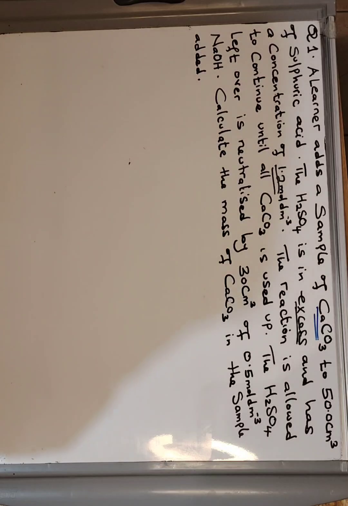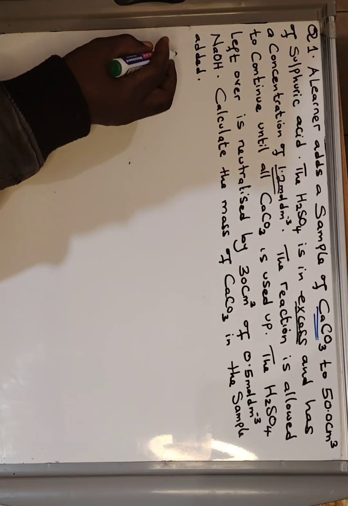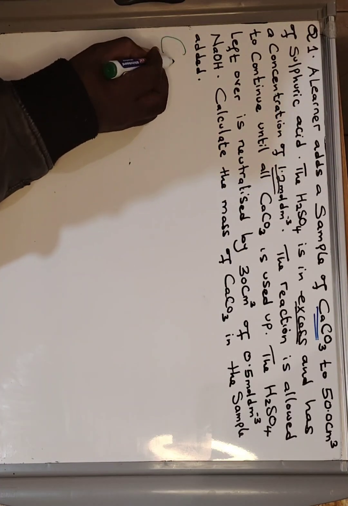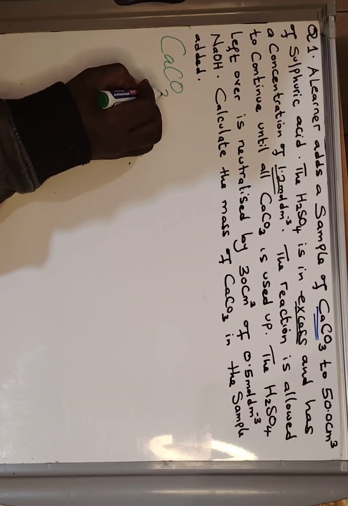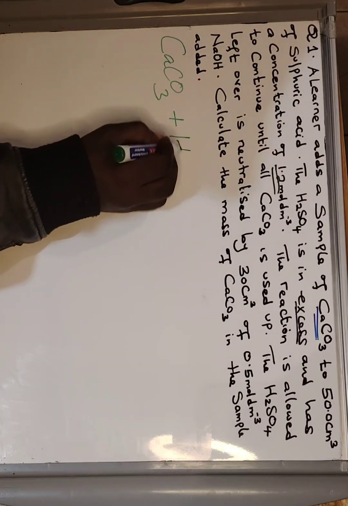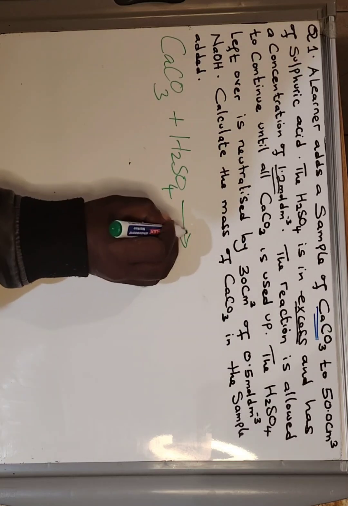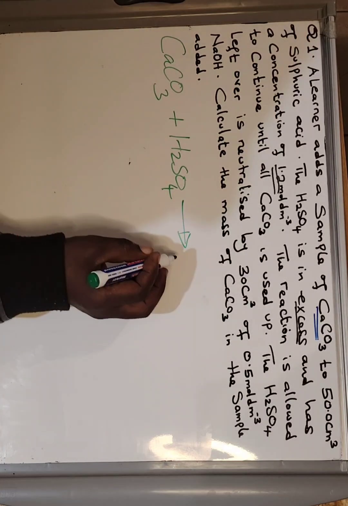Now let us first discuss this question and see what it requires. This is what we know. We have a reaction between calcium carbonate and sulfuric acid. When this reacts, what are the products we get?